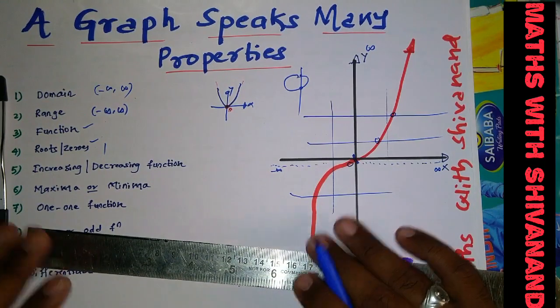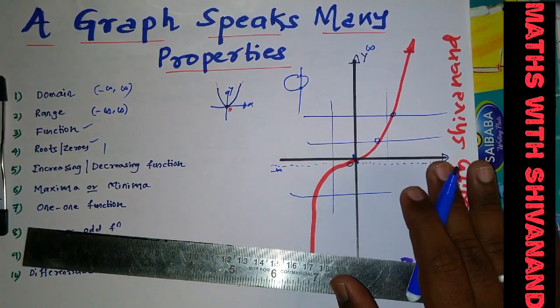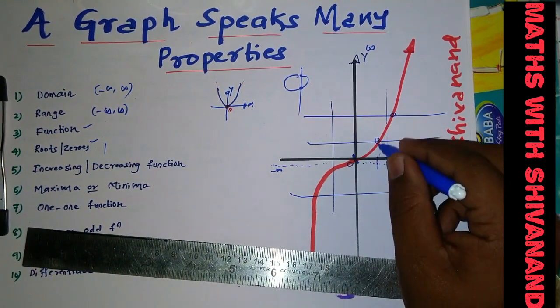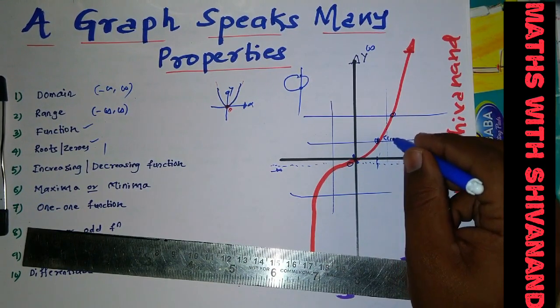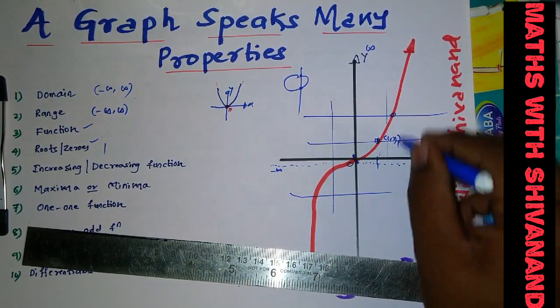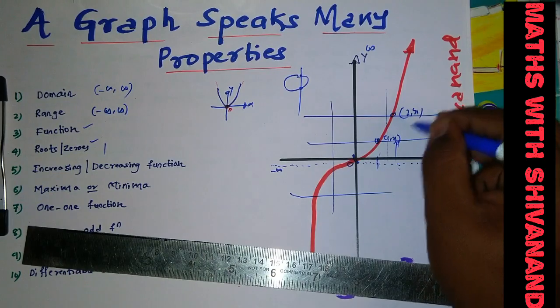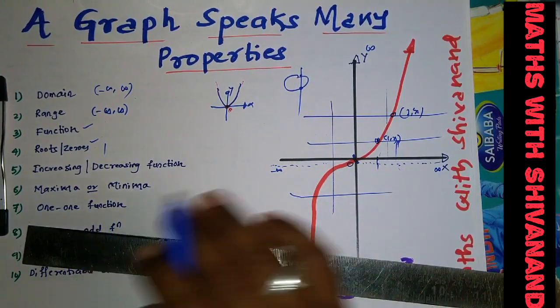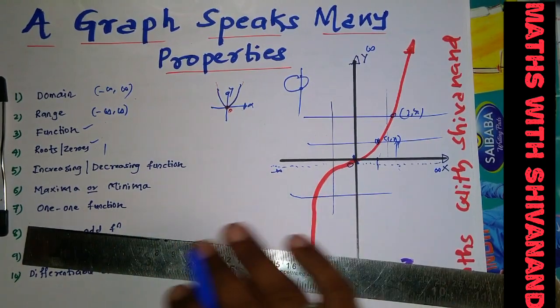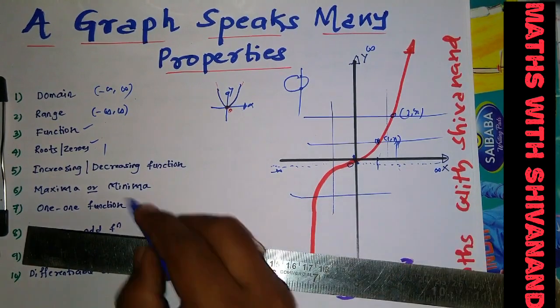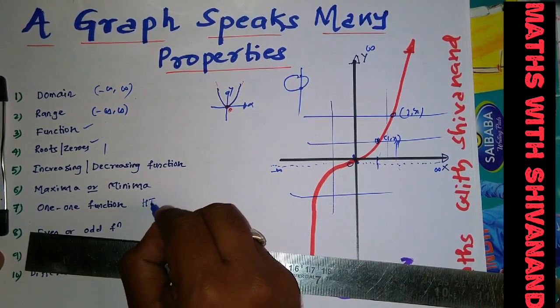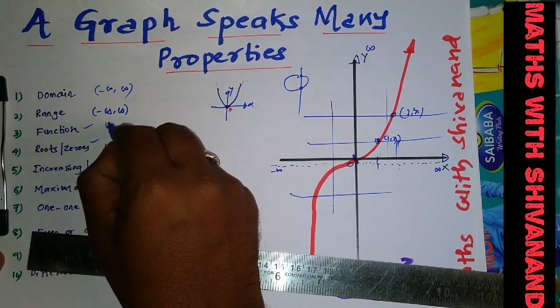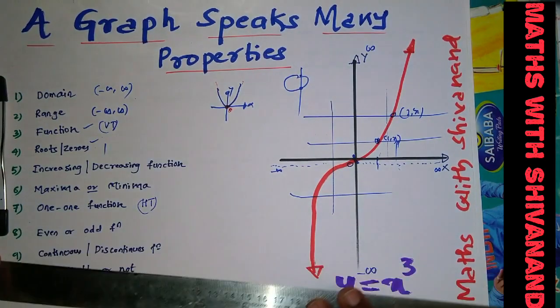For every input there exists one unique output. For example, 1 comma y1, and say if it is a second point, 2 comma y2. To check whether the function is 1-1 or not, easily we can speak with the help of the graph. For this we do the horizontal line test. For a function we go with the vertical line test.